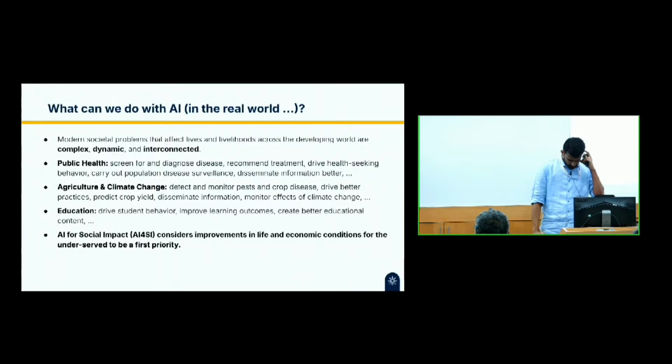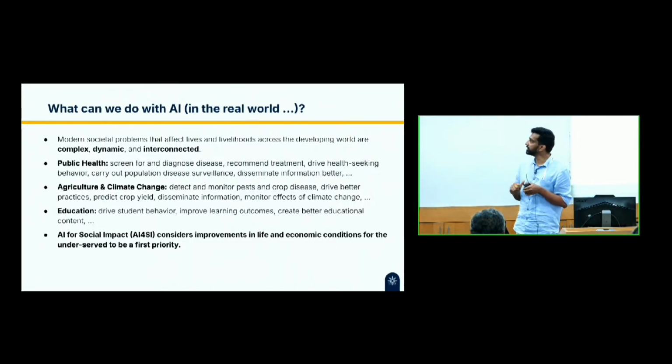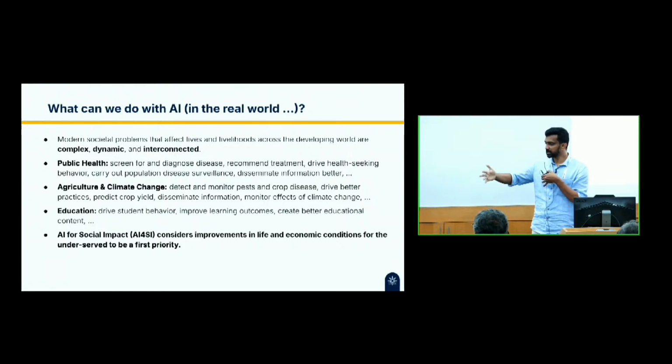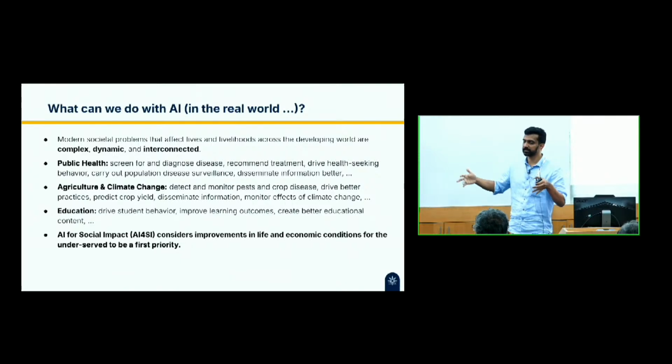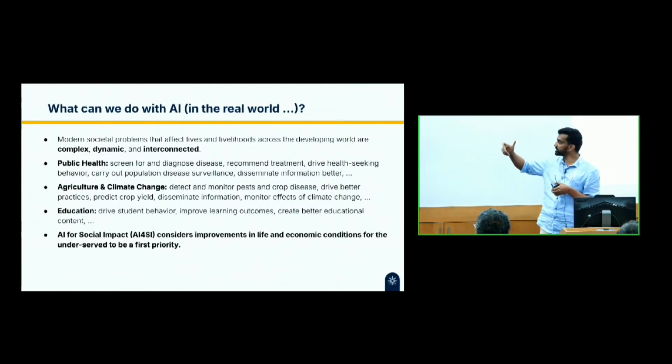So what can you do with AI in this messy real world, like the Indian context? One thing is that in the entire global south, it could be different. There are cultural contexts, and different societies have different taboos, norms and so on. But the problems are somewhat similar.